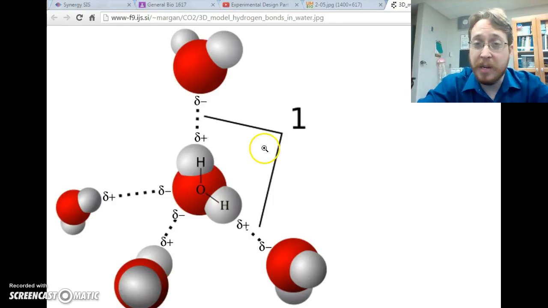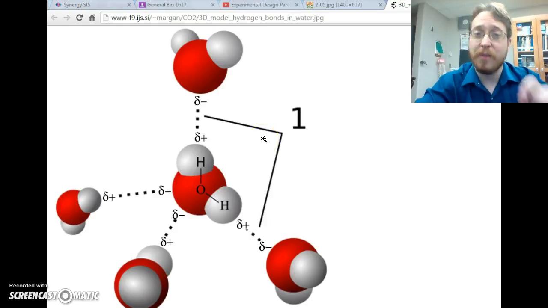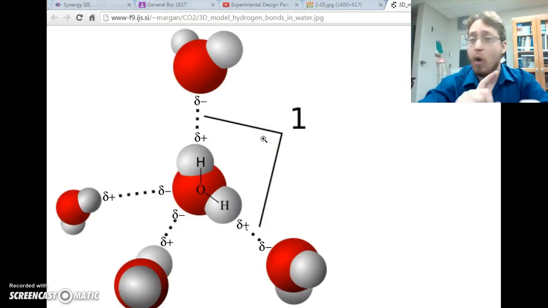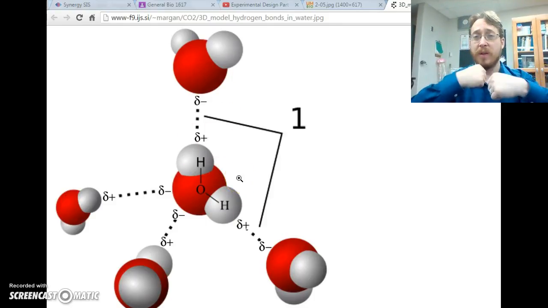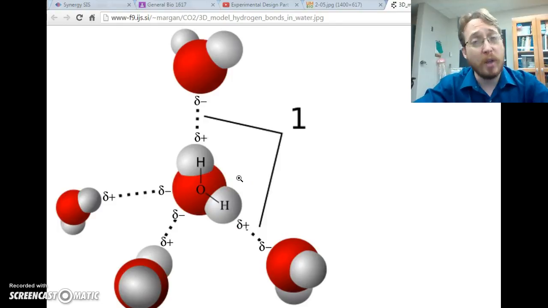Now, we need to note that just because there's an attraction here, that doesn't mean that it's a formal bond. There is no exchanging of electrons, and there's no sharing of electrons between these molecules. This is just an electromagnetic attraction. So, when we compare it to the other bonds, hydrogen bonds are weaker.